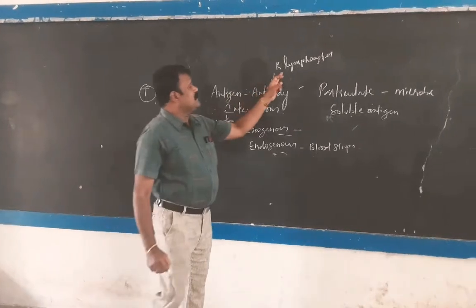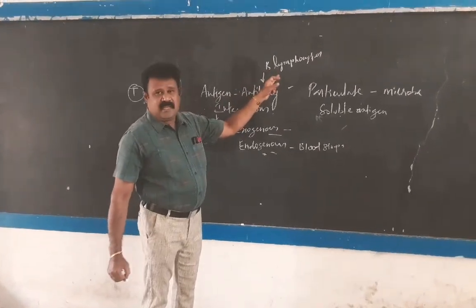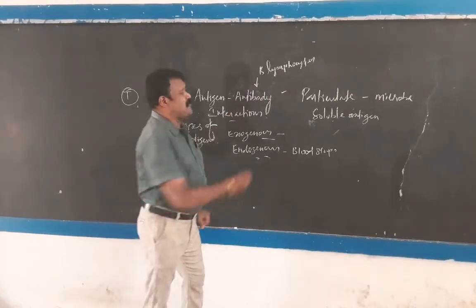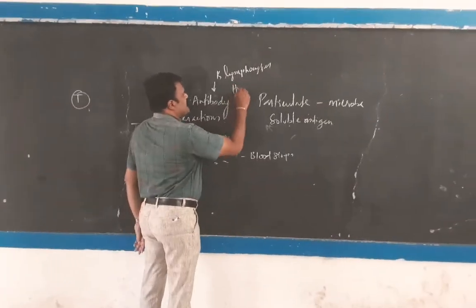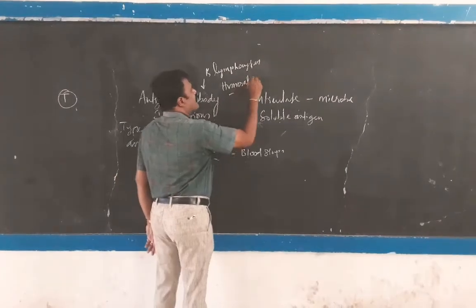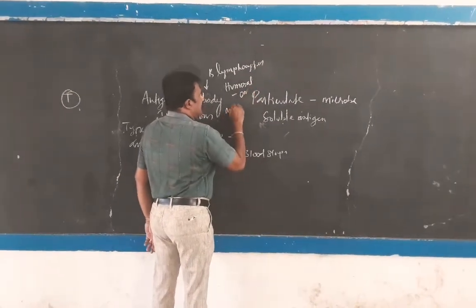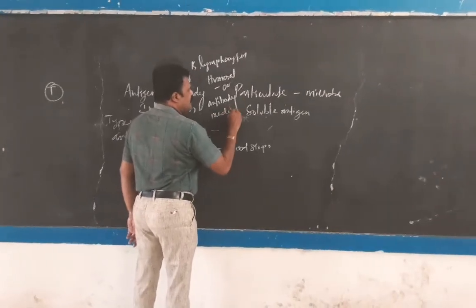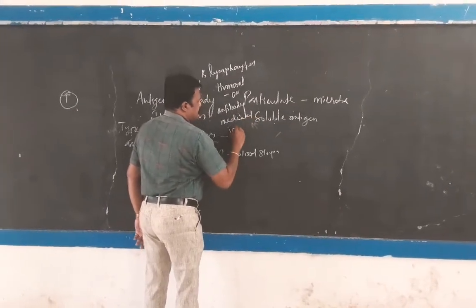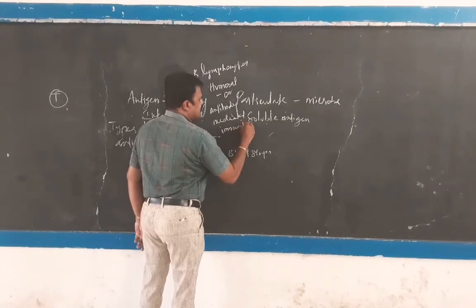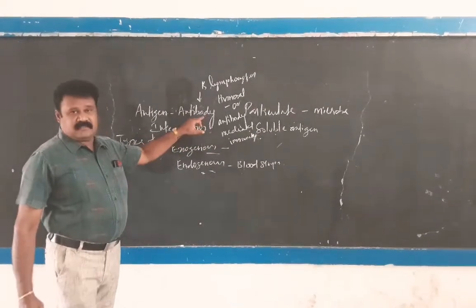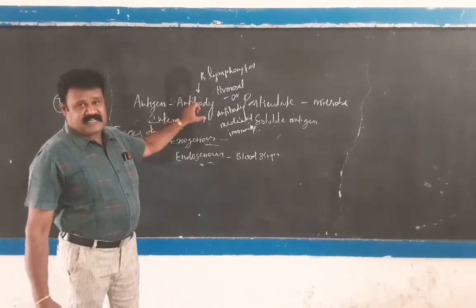And the immunity brought by B lymphocytes through the production of antibody is called humoral or antibody mediated immunity. These are all known information for your remembrance, to recall those terminologies.